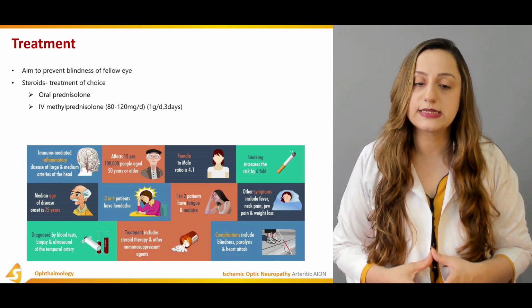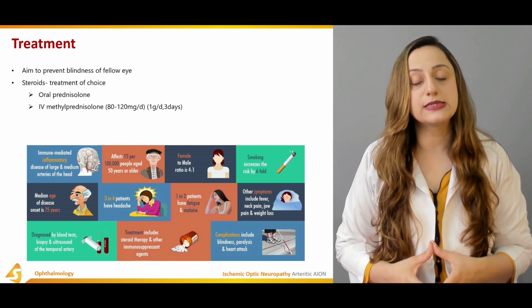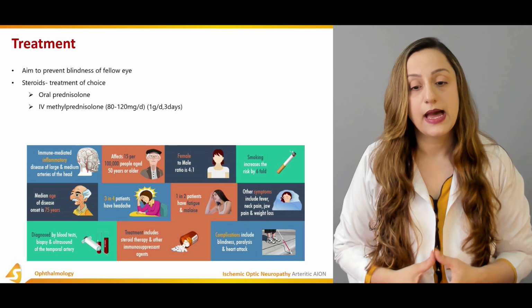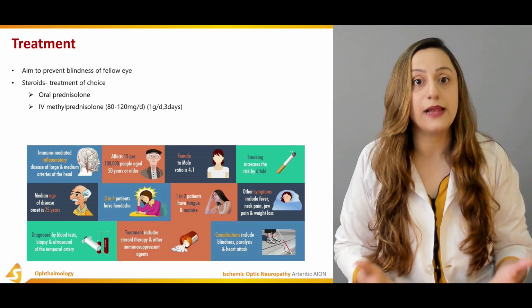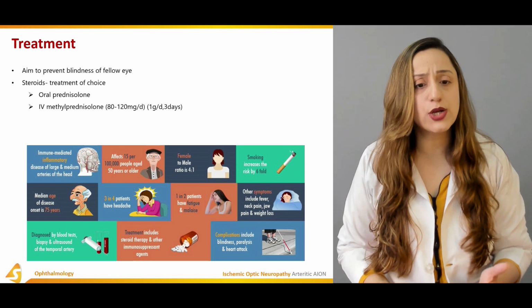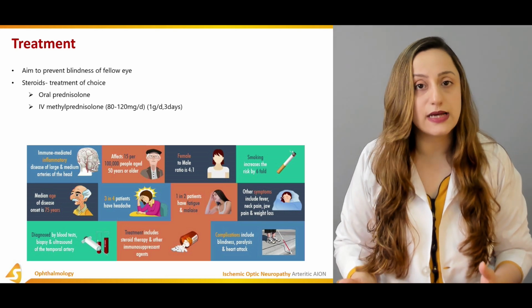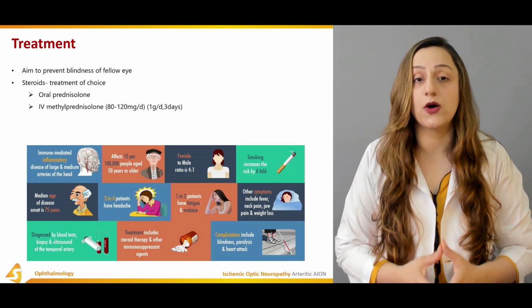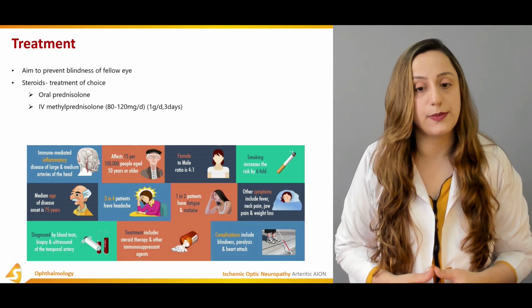3 in 4 patients have headaches, so this is the most common presenting complaint. 1 in 2 patients have fatigue and malaise, and other symptoms can include pain, jaw claudication, scalp tenderness, and weight loss. It is usually diagnosed by blood tests, so a raised ESR is the mainstay that we focus on. Biopsies and ultrasounds are sometimes performed, and sometimes imaging techniques are coupled with them.